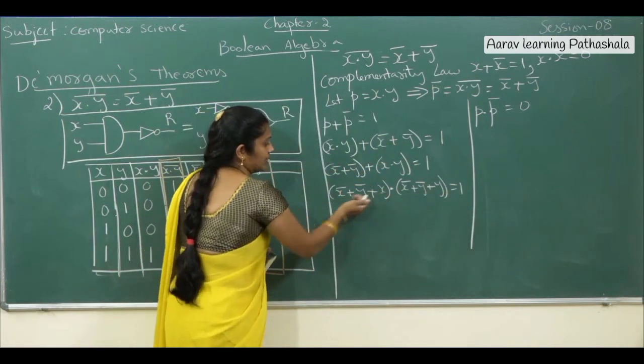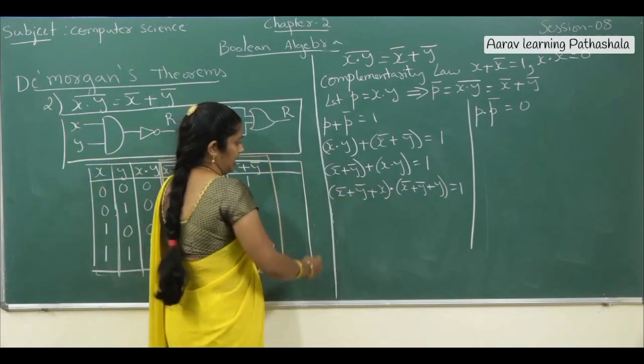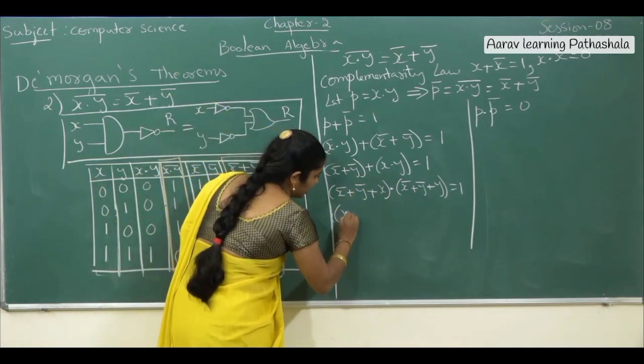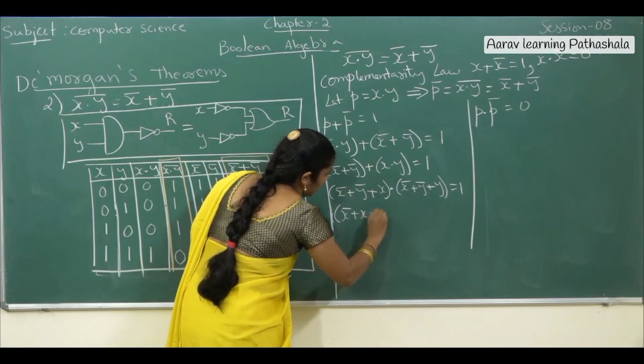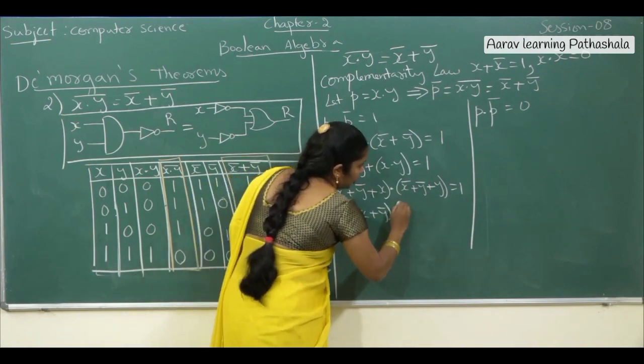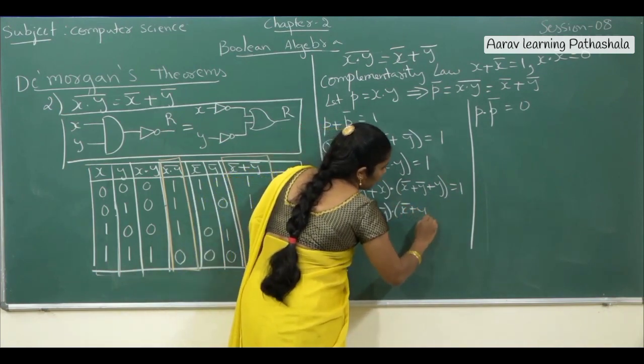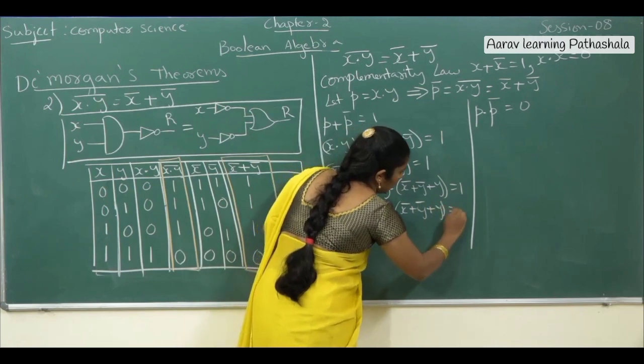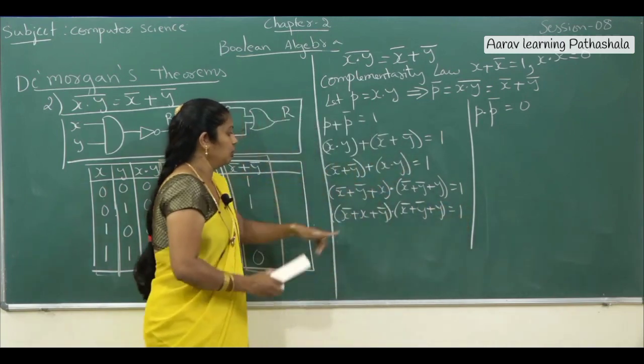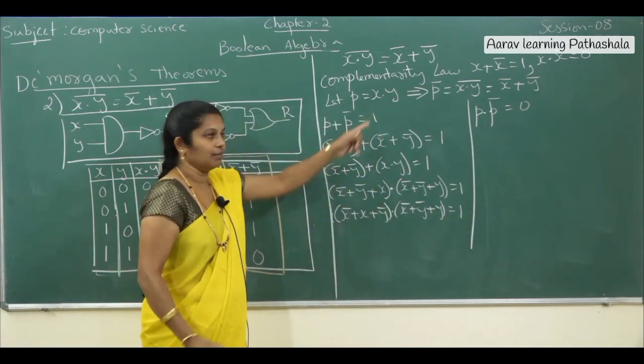For our convenience, we will just reverse the position, putting x in the same place: (x bar plus x plus y bar) into (x bar plus y bar plus y) equals 1. Already we know that x bar plus x is nothing but 1.